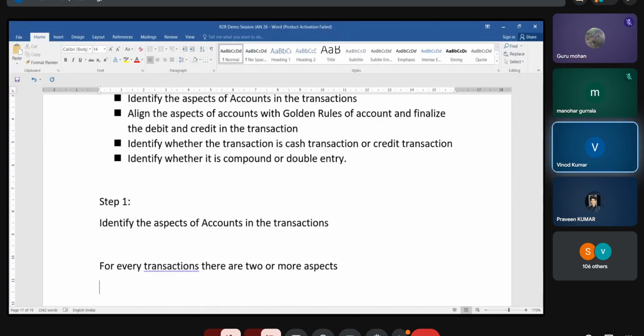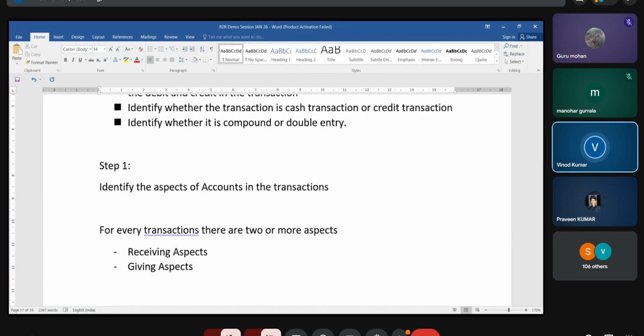A few will be receiving aspects and a few will be giving aspects. So the first step of the accounting process is identifying the transactions. Once the transaction is identified, in a day-to-day business there are n number of purchases, sales, receipts, payments and taxations taking place.